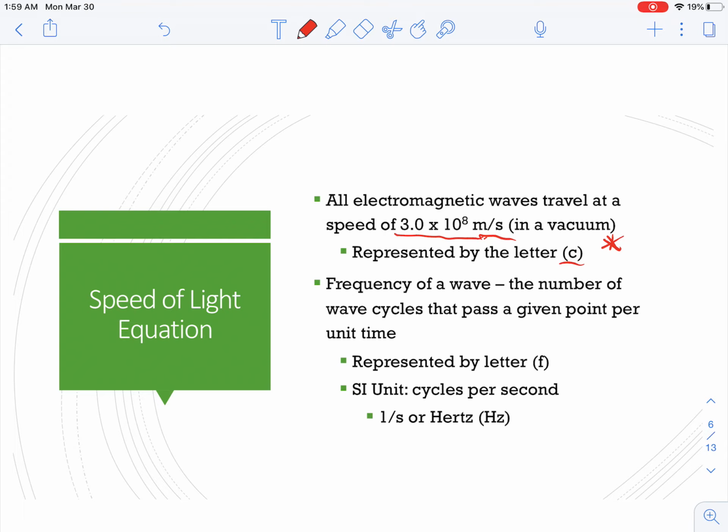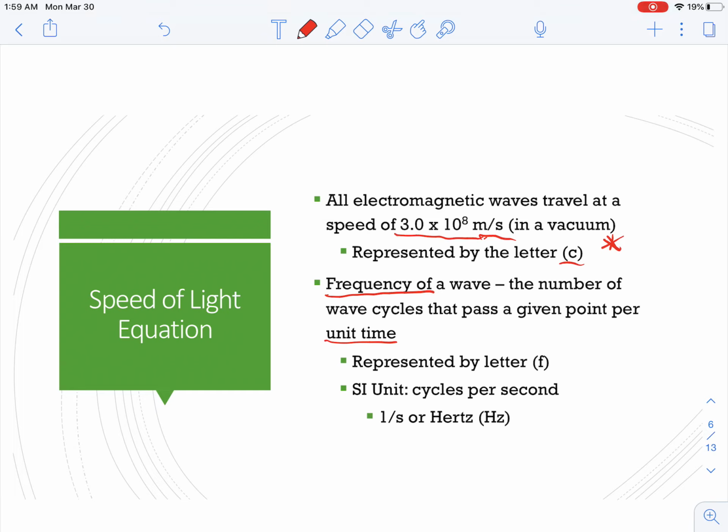Another way of thinking about waves is not necessarily the distance between our two peaks or two crests, but we can also think of the frequency of the wave, which is a measure of how many cycles pass by a given point in a given amount of time.